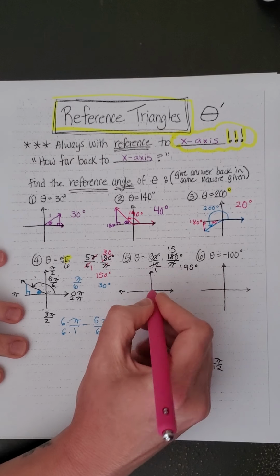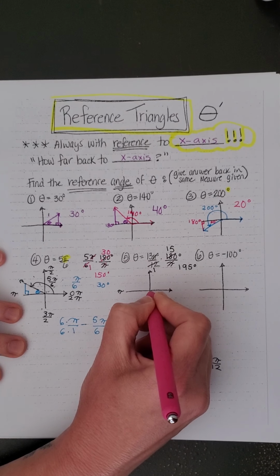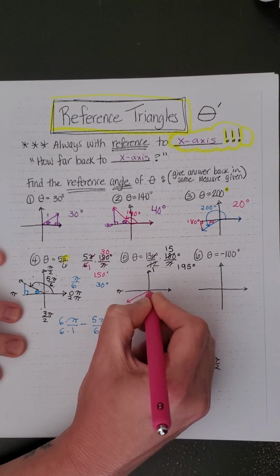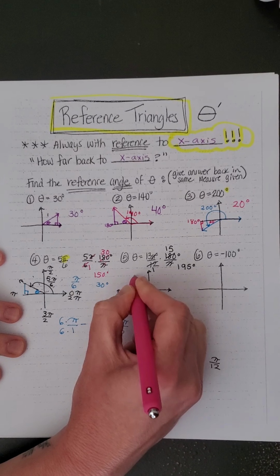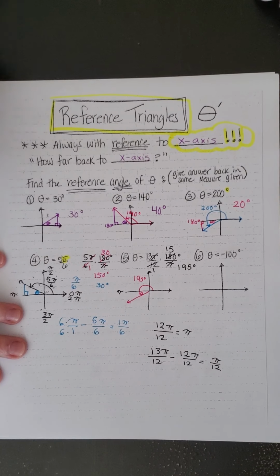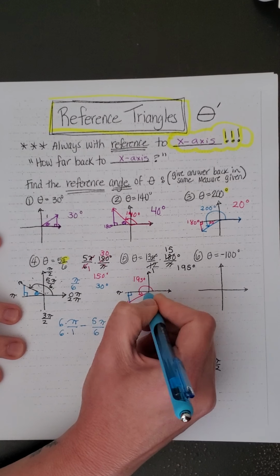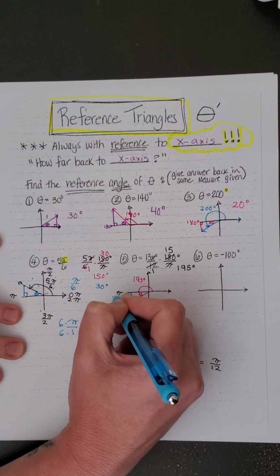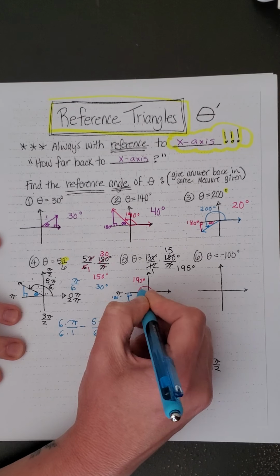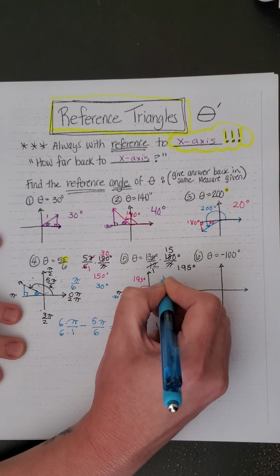All right, so if I go 195 degrees, I would go all the way past 180, to right there. So this would be 195 degrees. But remember, when I draw my reference triangle, I'm going to refer back to the x-axis. How many degrees past 180 am I? I would be 15 degrees. 195 minus 180 is 15 degrees.